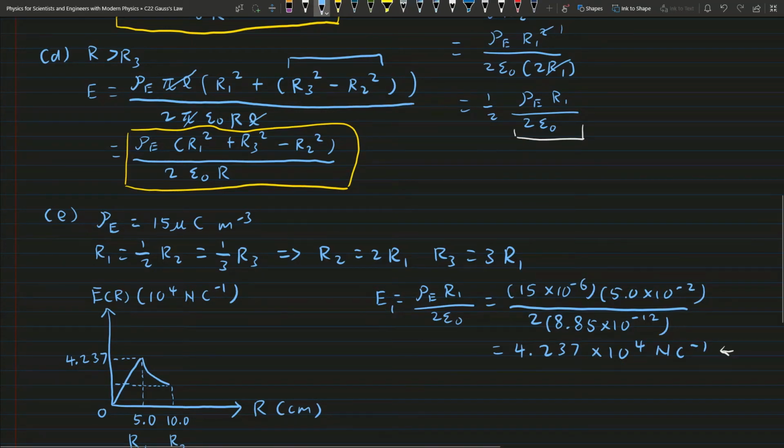So this is 1 over 2 and 4.237 times 10 to the 4. This is just half of this E1.